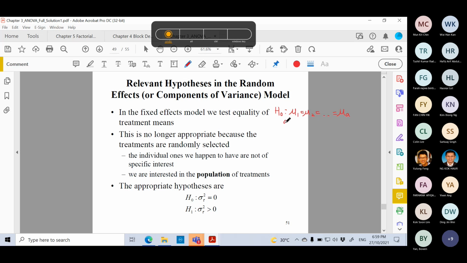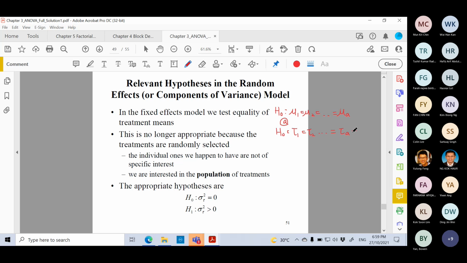Or you can rewrite it as H naught: tau for 1 equals tau for 2, until the treatment effect tau i up to a equals 0. This is under the fixed effect model.